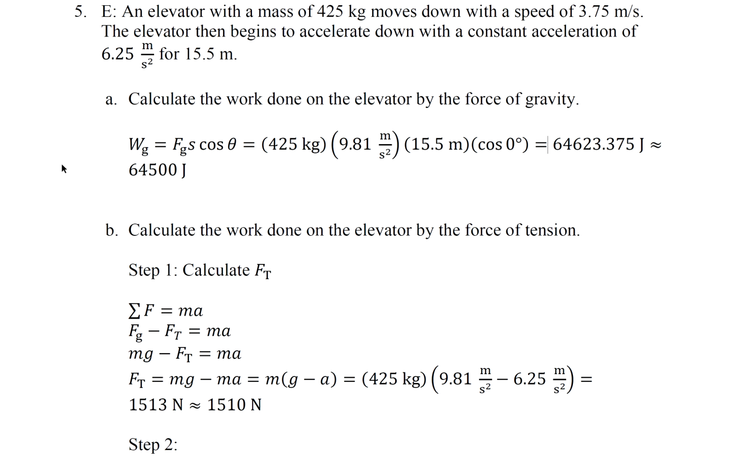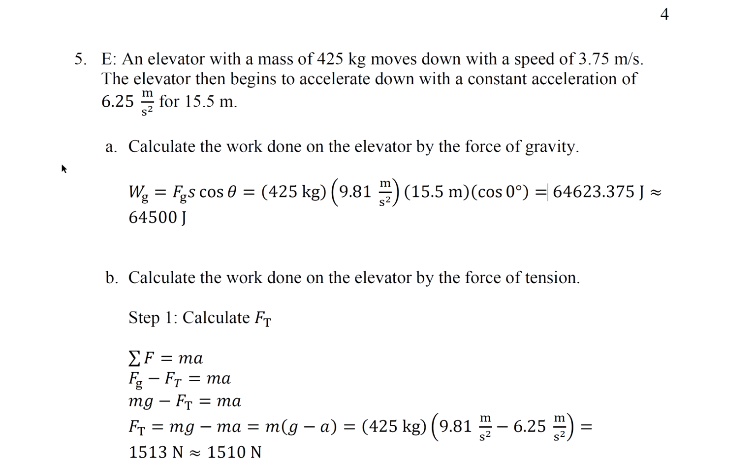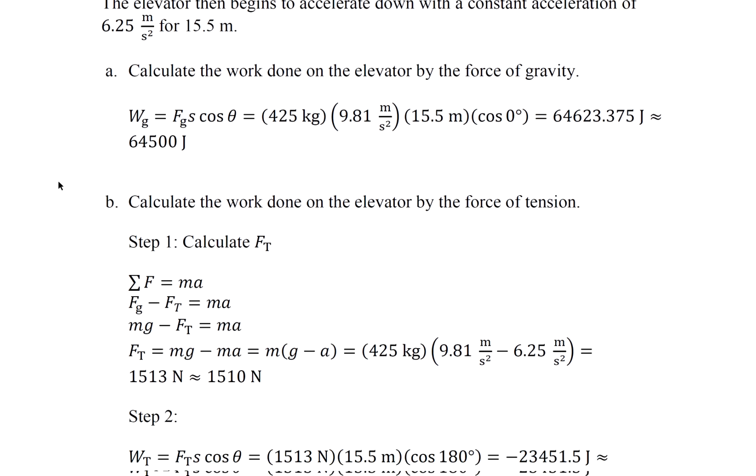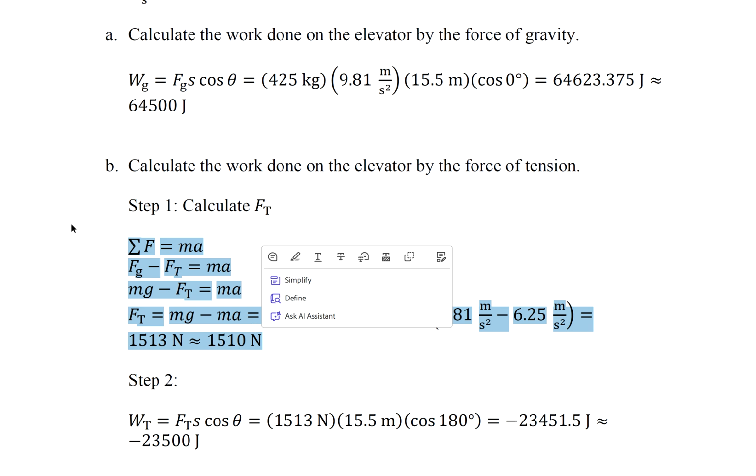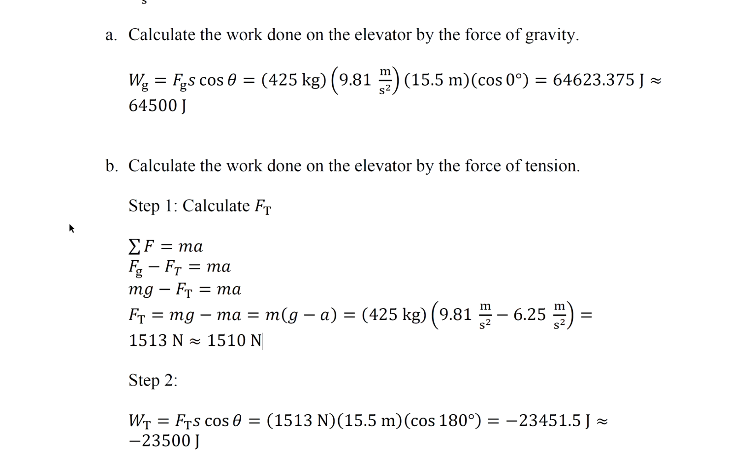Part B, calculate the work done on the elevator by the force of tension. So first, calculate the force of tension. Sigma F equals ma. Force of gravity is positive, it points down, so positive y is down, negative y is up, so the force of tension is up. Times mass times acceleration.